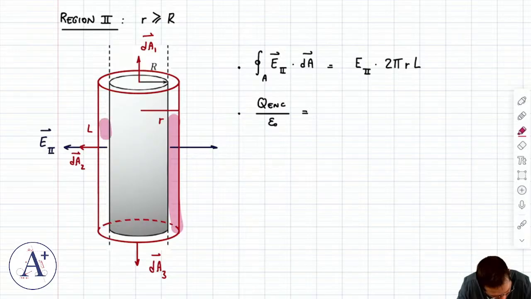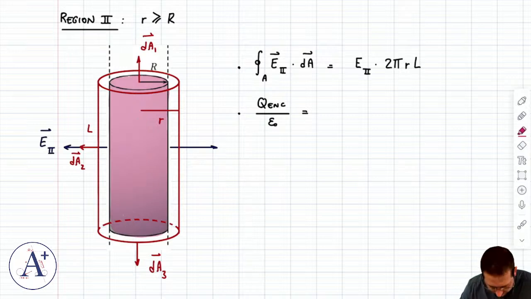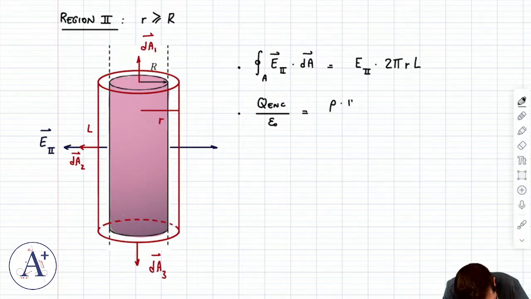Right here there's no charge, right here there's no charge. So the volume of the actual insulator that carries the charge. So this is going to be rho, but times pi big R squared L over epsilon naught.